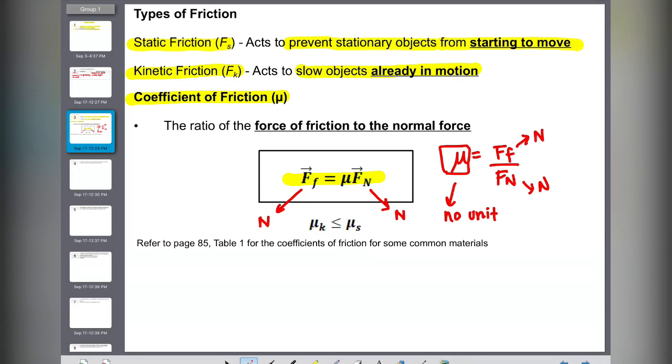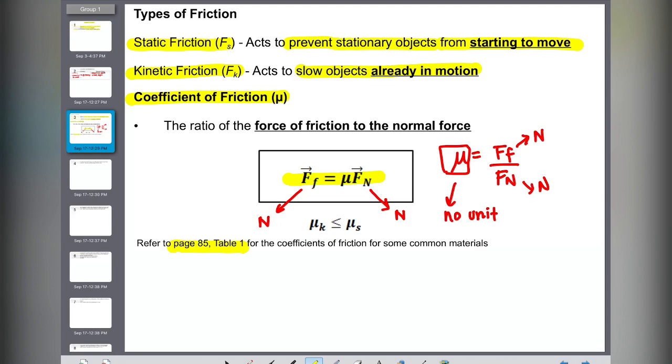And different things have different values, like between, say, rubber and asphalt, when you're driving on a regular day on the road, mu works out to be a certain number. But say plastic wheels on an icy surface, your contact surface will change, and therefore the mu quantity would change as well.